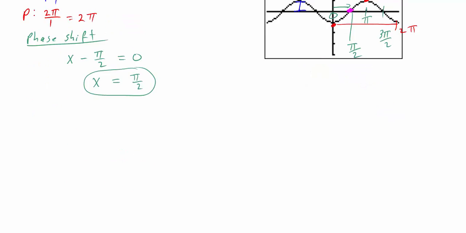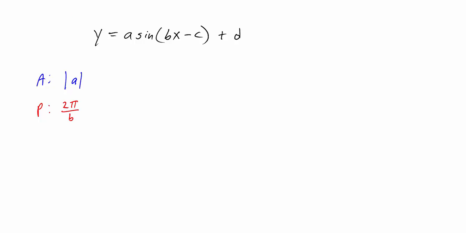So if we review a little bit, when we look at y equals a sine of bx minus c plus d, to calculate the amplitude, it's the absolute value of a. The period is 2 pi divided by b.